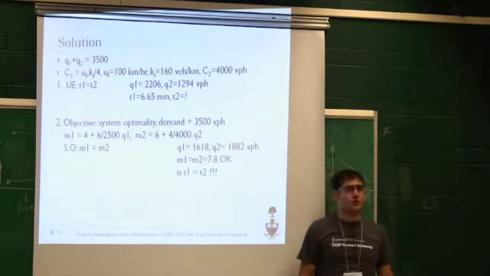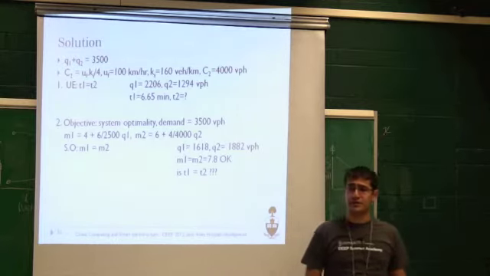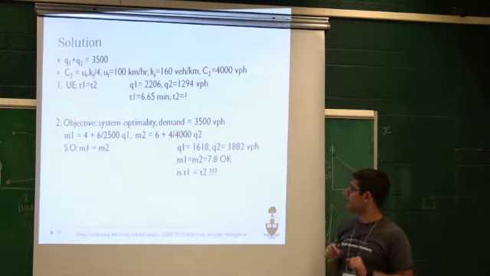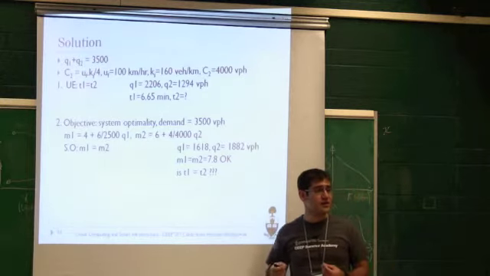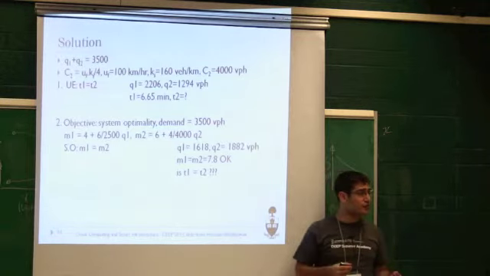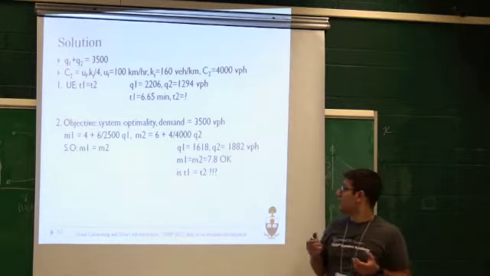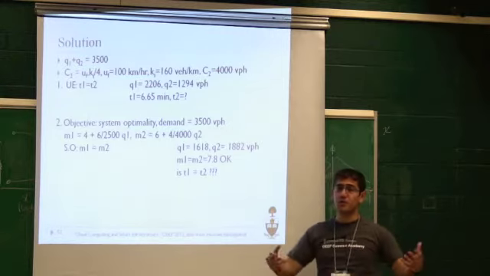What about T1 and T2? T1 and T2 are not the same. If you calculate it, you can tell me, I haven't calculated it. But one of the routes is actually longer. So some of the vehicles have to go through a longer route. They're going to have a larger travel time, but that's the only way that we can achieve system optimal.